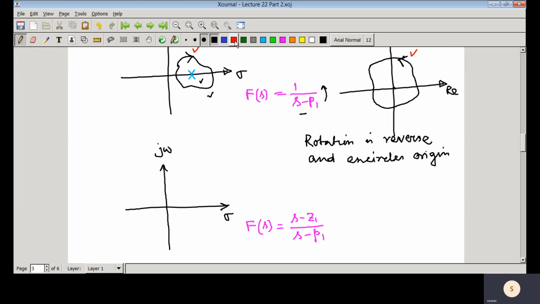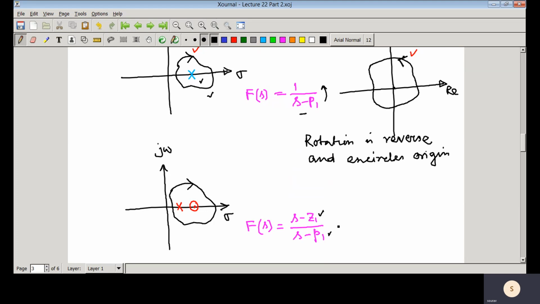Now suppose you have one pole and one zero, and the contour encircles both the pole and the zero. So what happens whenever it encircles poles and zeros? One zero contributes 360 and one pole contributes 360, but they are in the numerator and denominator.